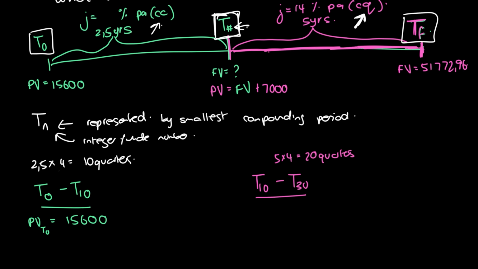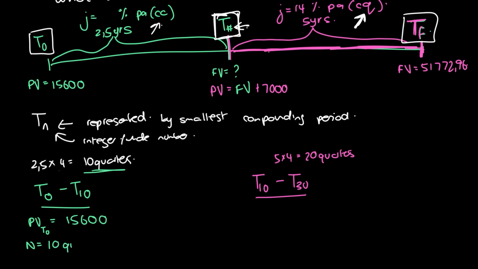We also have our N, and our N, when we're doing our calculations, needs to coincide with our interest rates compounding. So it's continuous compounding. So we know it's 10 quarters because we could read it straight from this T0 and T10. We go 10 minus 0 gives us 10. So we know it's 10 quarters.